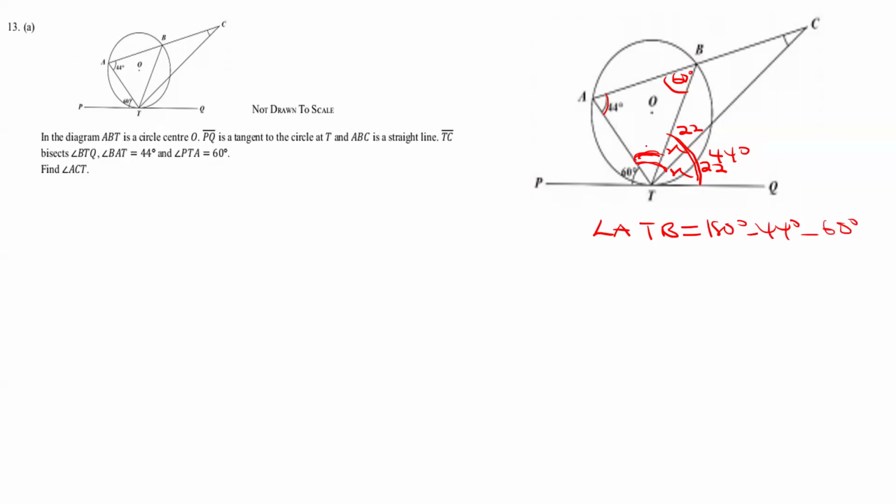So once you know this angle, you are in a comfortable lead because the angle that you have here will be equal to 180 minus 44 minus this angle minus the 22. Because if you consider the entire triangle here, it will be made up of the angle here, which you know, this angle and you know this. So this plus this plus this should give you 180. So you add these three, subtract it from 180, and that will give you this.